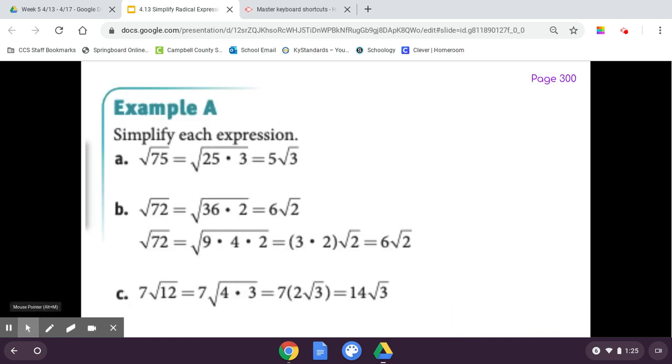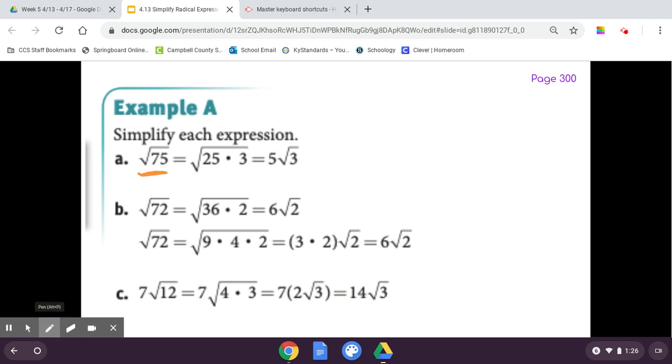All right. So on page 300 in your Springboard book, this is the only page that we're going to be working on today. This explains how to simplify each radical. So as you can see here, we started with the square root of 75, which is irrational.